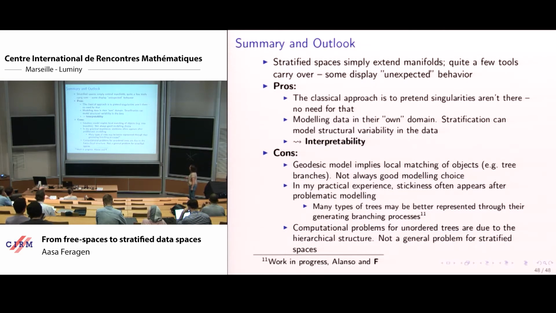So one of the things we're currently looking at is whether we can also represent trees not as global objects, but rather as products of a branching process. And can you maybe do statistics on trees via doing statistics on the generating branching processes instead? Of course, that would most likely not give you a stratified space. But for some types of trees, I think that might be a better model.